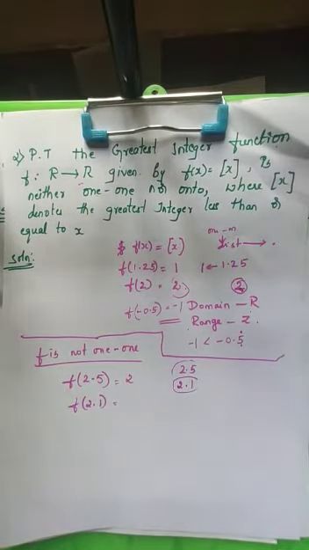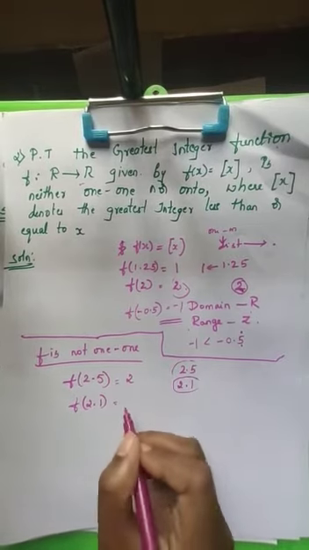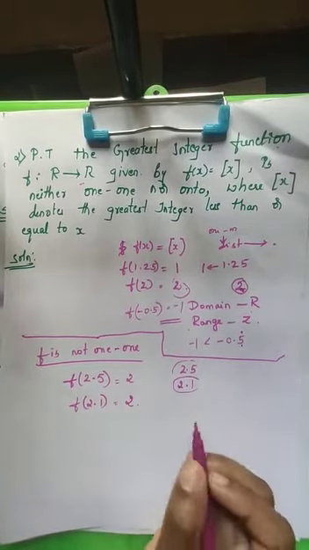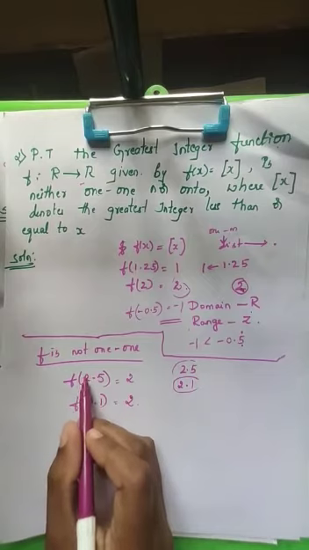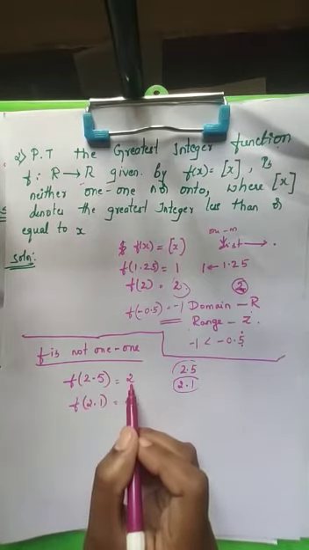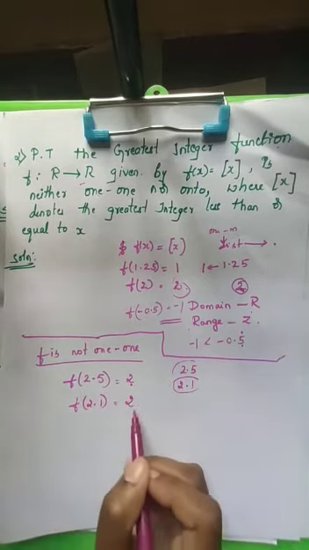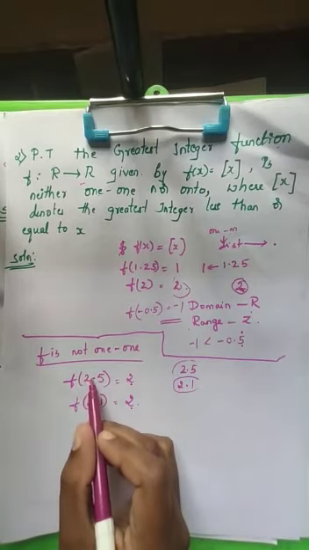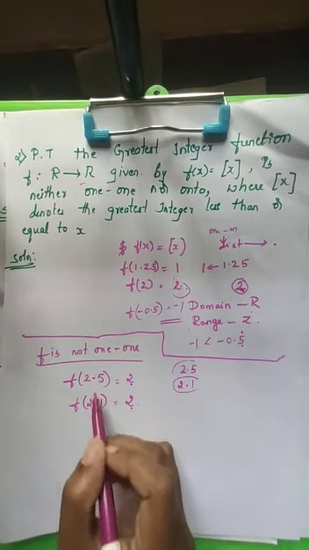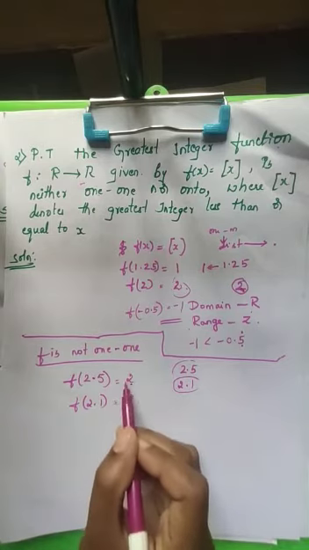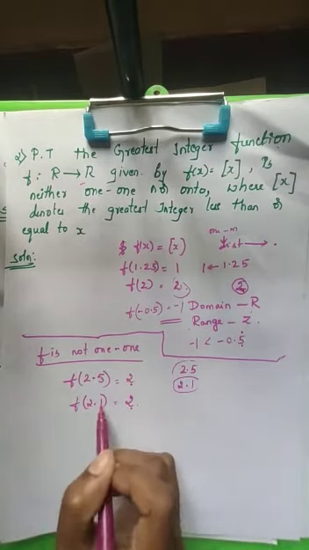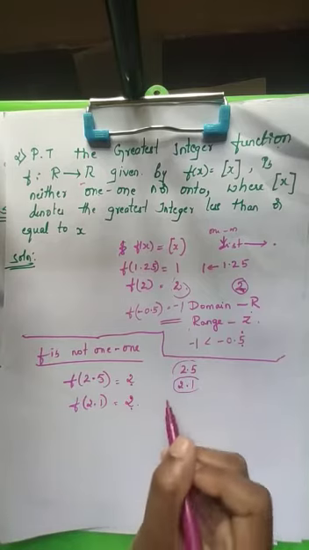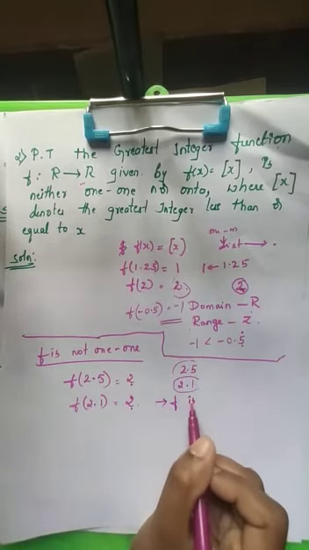No. If it were an integer, you should write the same thing. Since it is not an integer, you should write the integer which is less than 2.1, which is 2. So you can see that 2.5 gives the image 2, and 2.1 also gives the image 2. Two different elements have the same image, which means that the given function is not 1-1.